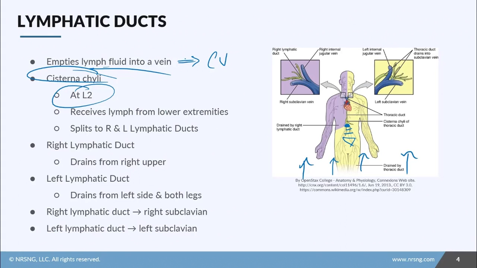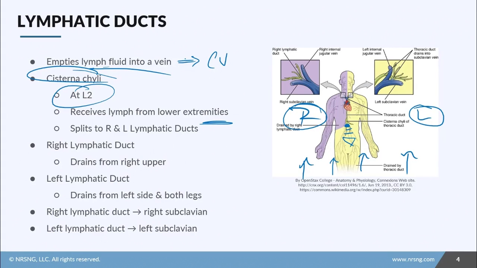And what happens is it receives lymph from the lower extremities, and then it's going to split into the right and the left collecting ducts, or the lymphatic ducts. The right lymphatic duct is going to drain everything from the right upper side of the body, and the left lymphatic duct is going to drain everything from the left side of the body and both legs.